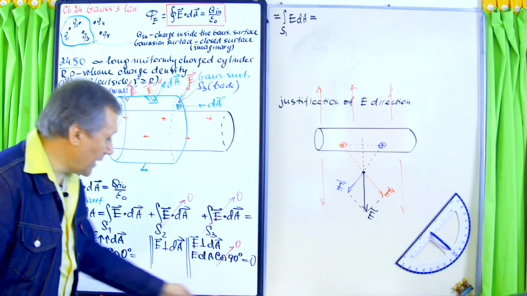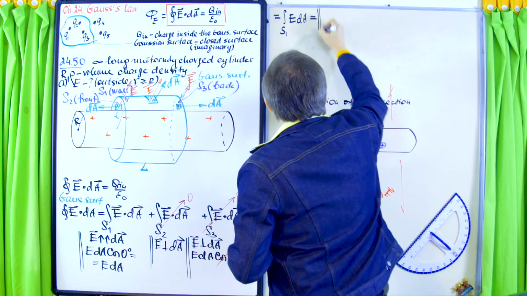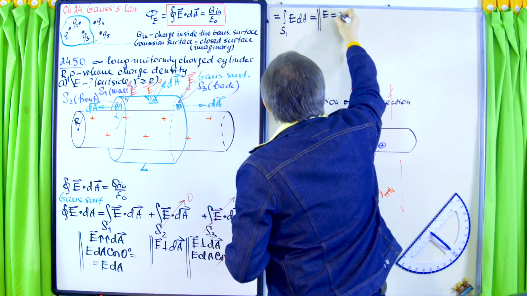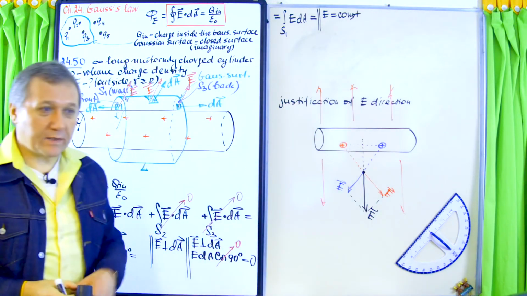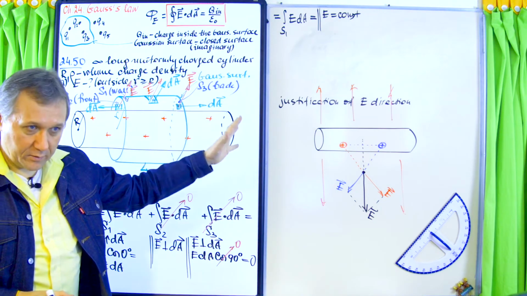So now I can write an additional explanation box, and I can write E equals constant. And you see, I didn't write it as a vector. I wrote just E without a vector, so it means magnitude.